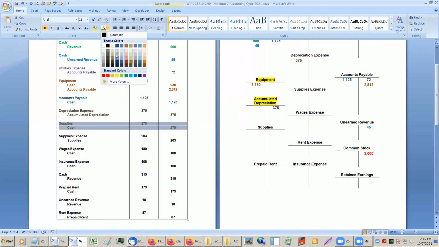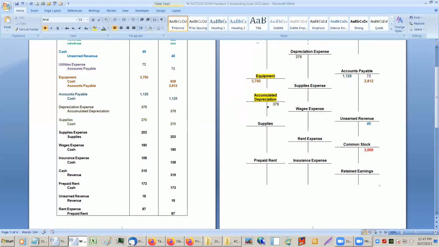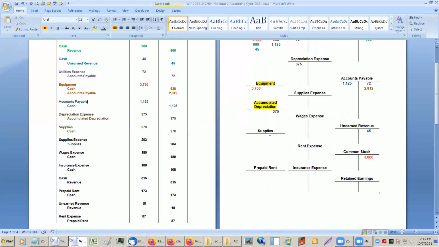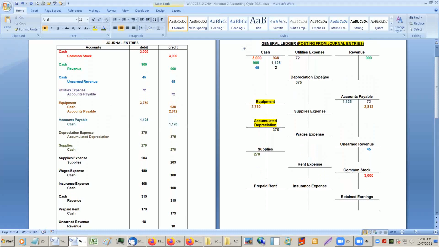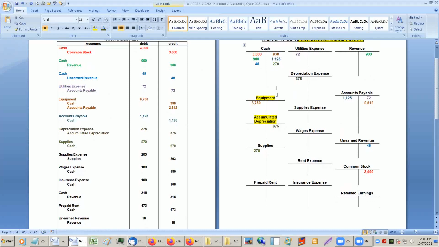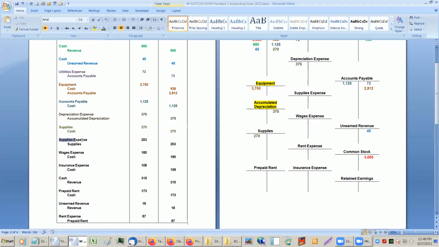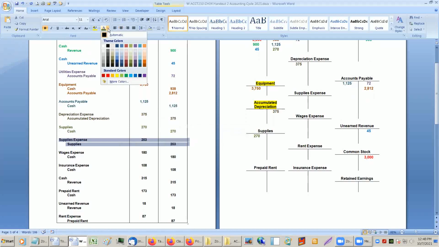Yeah, it was kind of faint. All right, so supplies, $270. And cash, $270. Supplies expense, and this is when we actually use the supplies.